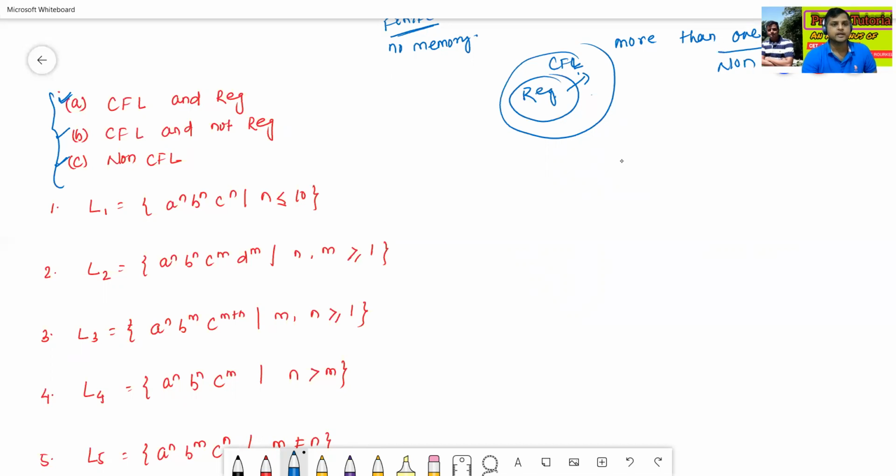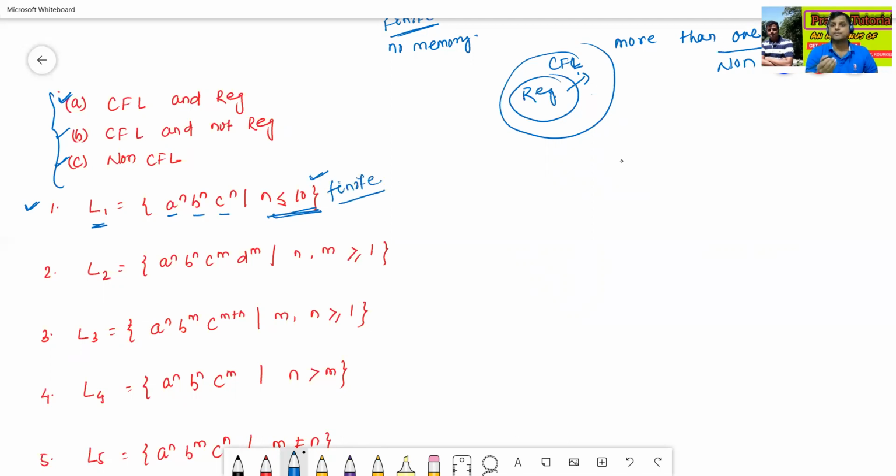Now we'll see the first example. L1 equals a to the power n, b to the power n, c to the power n, where n is less than or equal to 10. This means the language is finite.